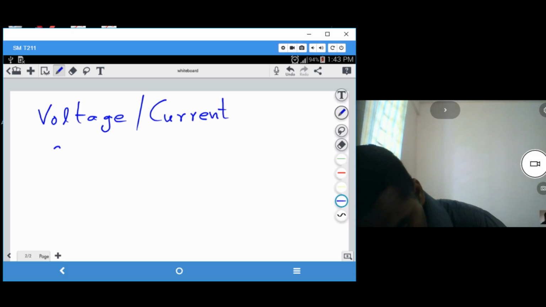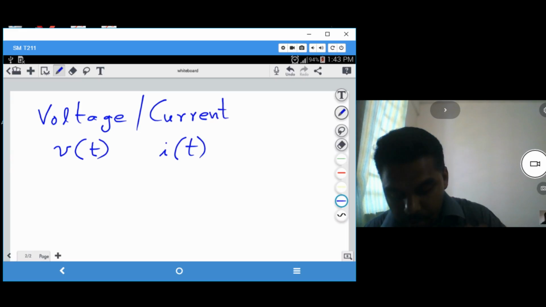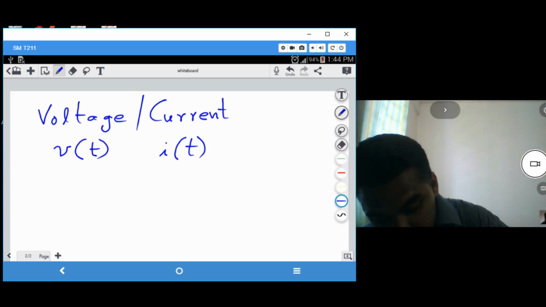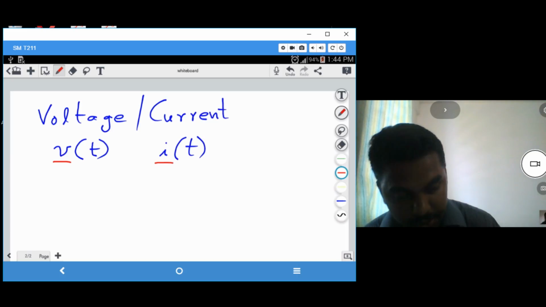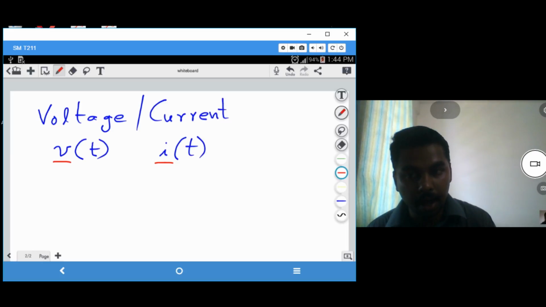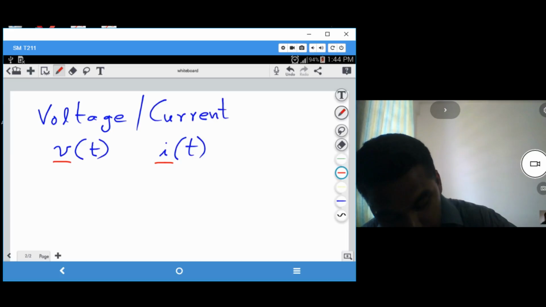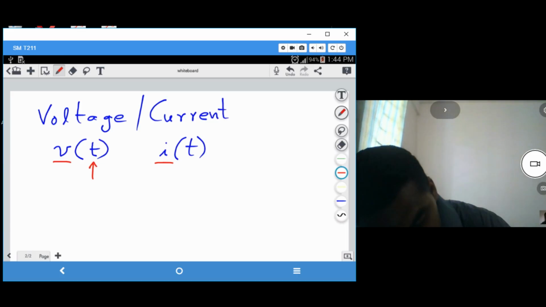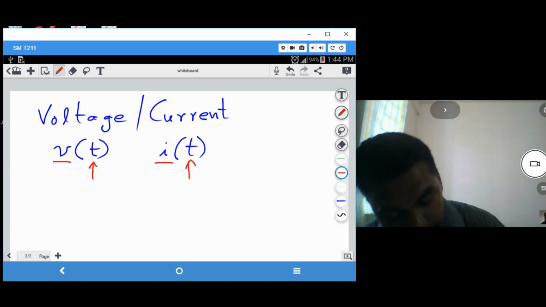The voltage signal is represented as V of t and the current signal is represented as I of t. The function of interest in this case is V and I, which represents the voltage or the current. And the independent variable here is the time t.